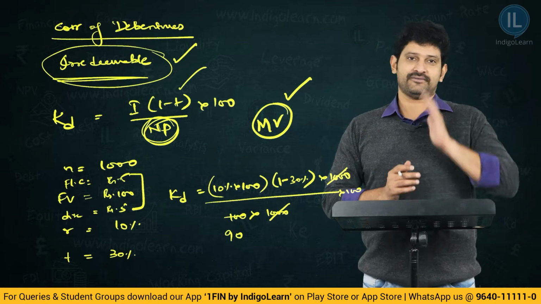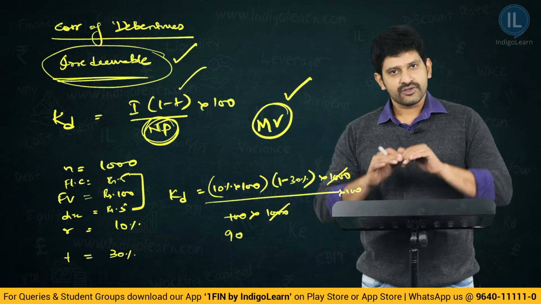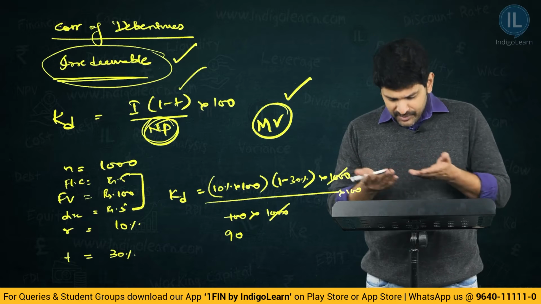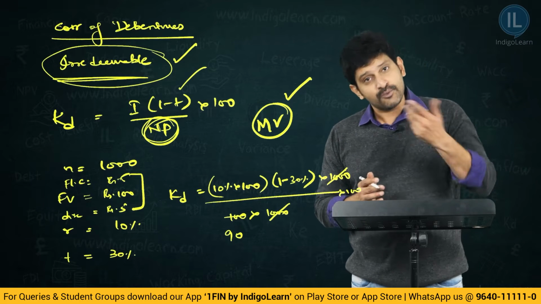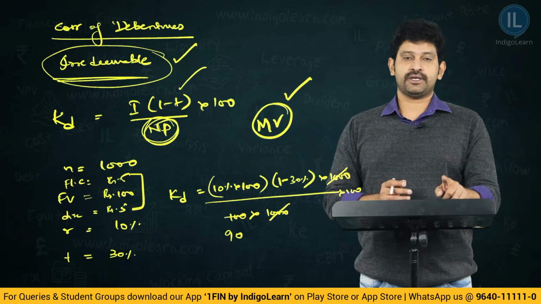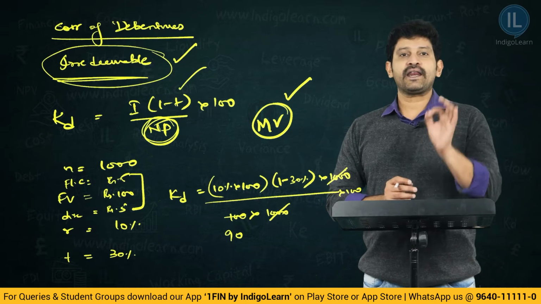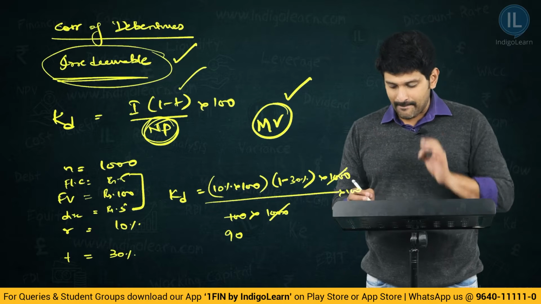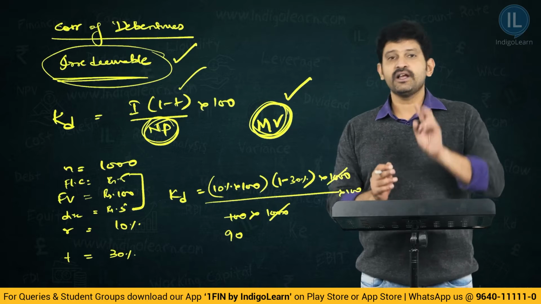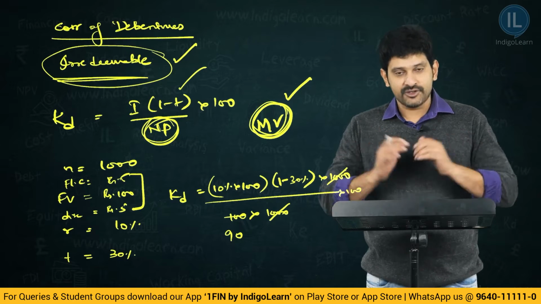I said prefer, meaning if market value is not given in the question, take the book value. Take the net proceeds, in that case the net proceeds will become the book value. If market value is provided in the question, the golden rule is for irredeemable debentures, prefer market value only. Only if market value is not available, then choose book value. I hope I'm clear with this point.